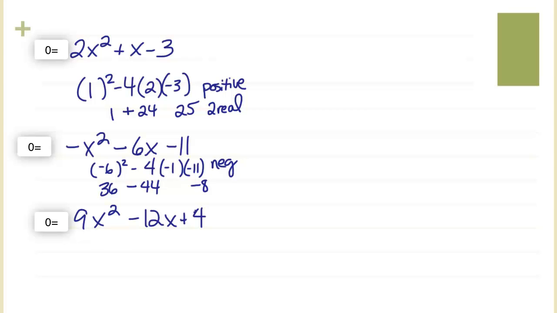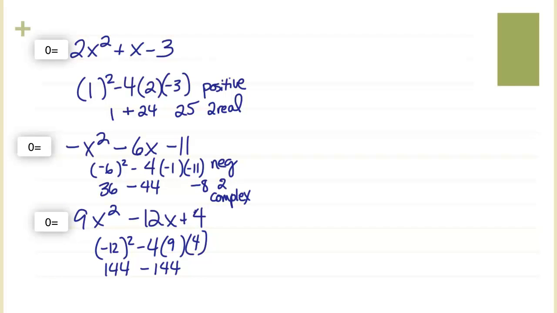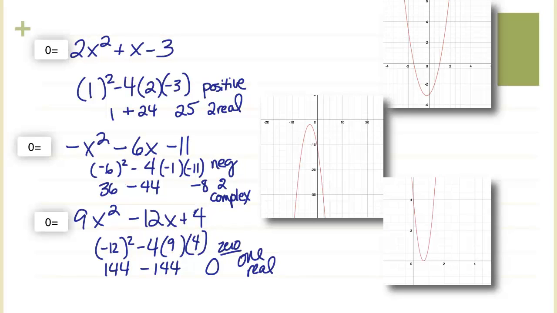When it's negative, I have 2 complex roots. This one ends up being 0, and so it's got 1 real root. And there's all the graphs. You weren't asked to graph it, but just want you to get that connection of what we're talking about.